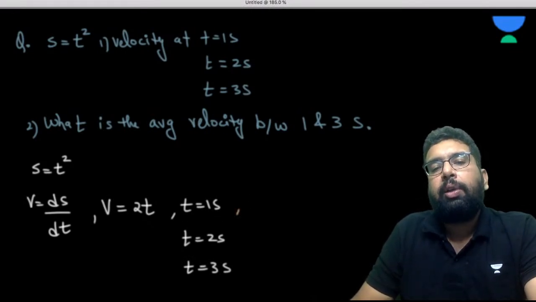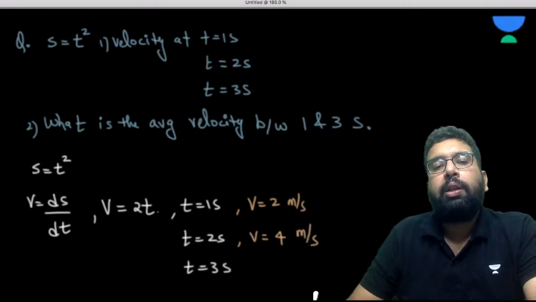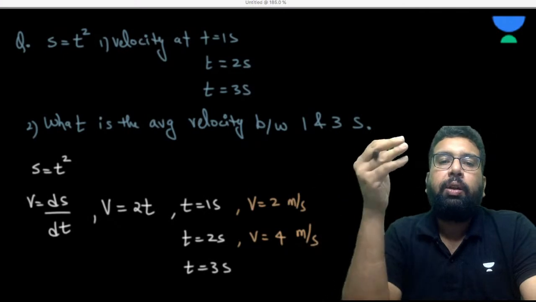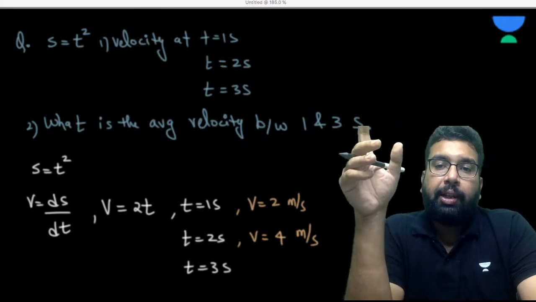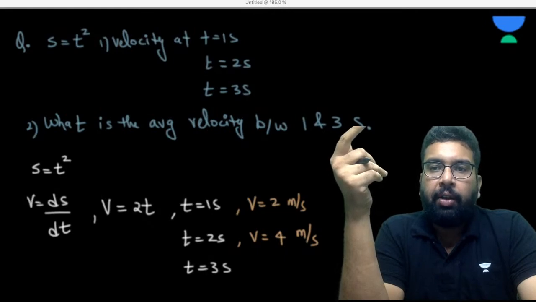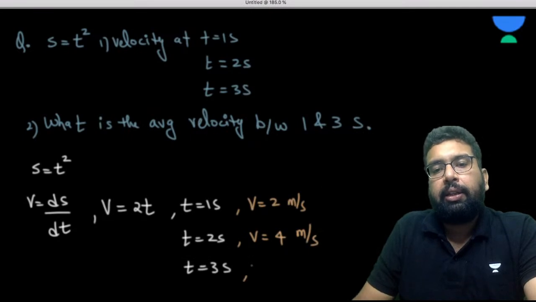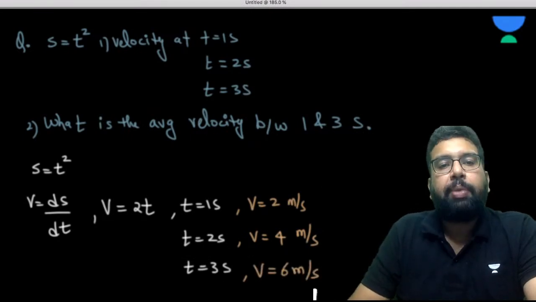So it is going to be V is equal to 2, V is equal to 4, and obviously the unit will be meter per second. Don't get confused in the unit, sir. When we put in this, t is in the unit of second. You don't have to think that way, because a function is given. Then for 3 seconds, this is going to be 2t, that is V is equal to 6 meter per second.